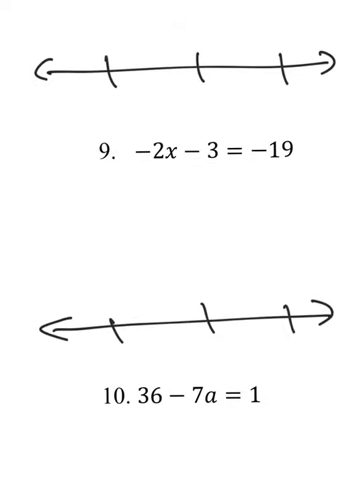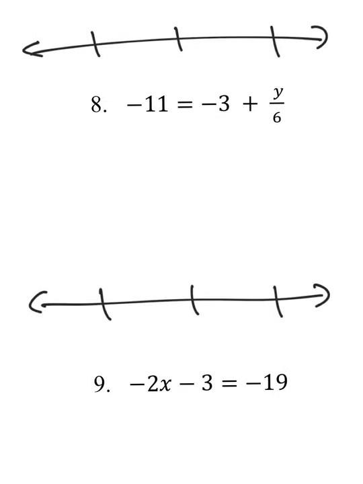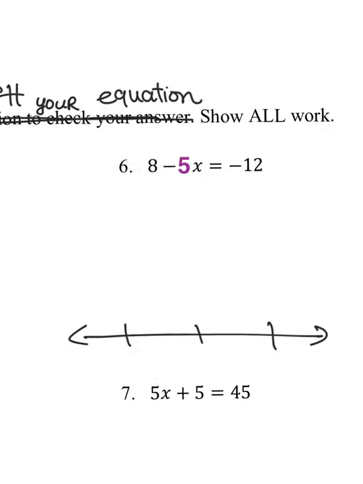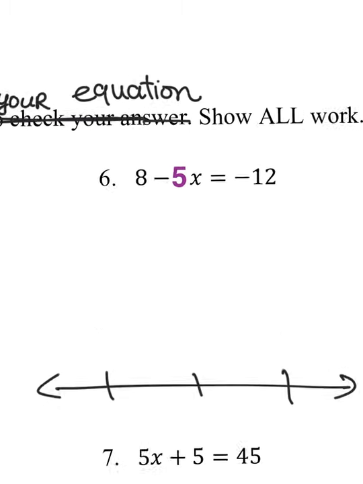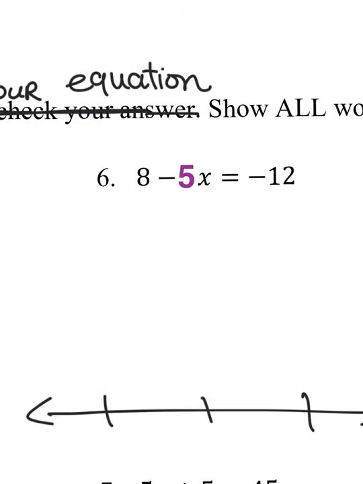Alright, I'm going to just do one more, and then you're going to finish everything on your own and then check with the key, okay? Number 6, 8 minus 5x equal to negative 12. Draw the line. So I need to circle my constant, 8. There is nothing in front of 8, so it means positive. So what is the inverse of positive or add 8?